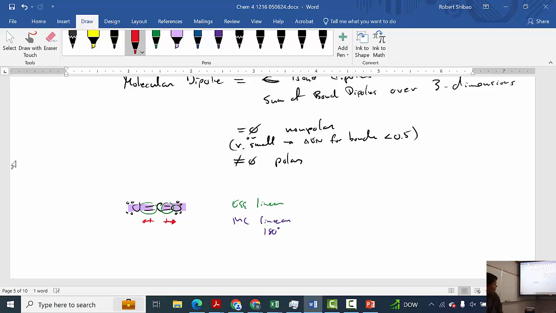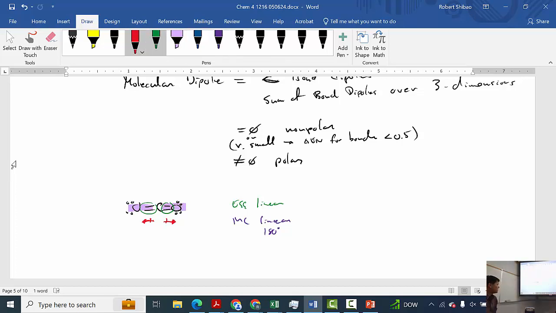So what we do is we do the bond dipoles. And the way we draw the bond dipoles is we draw them towards the more electronegative oxygen here, the arrowhead. Like this. And so we're going to add up these 2 arrows. If we add up these 2 arrows, they'll form one big arrow or a smaller arrow or no arrow.